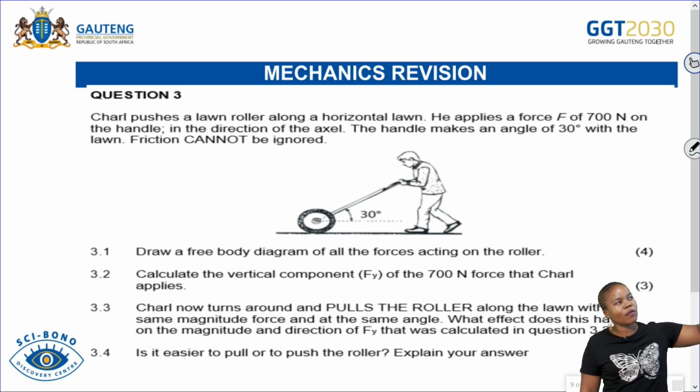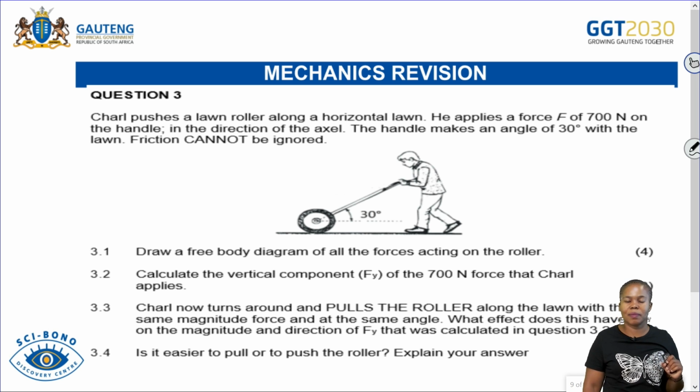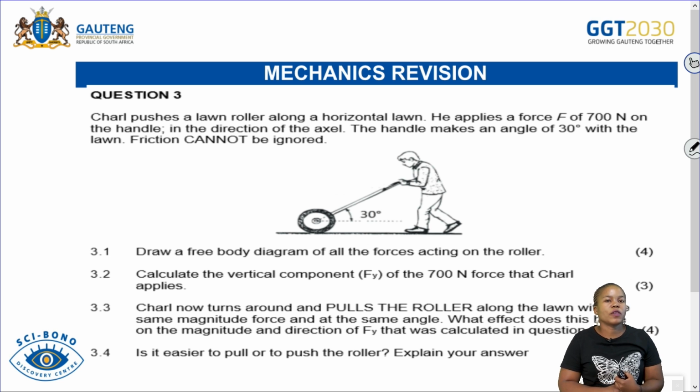Here is a diagrammatic representation of what Charles is doing, giving us that angle, and here's the force that he's applying at the angle of the axle. The first question says, draw a free body diagram of all the forces that are acting on the roller, 4 marks.